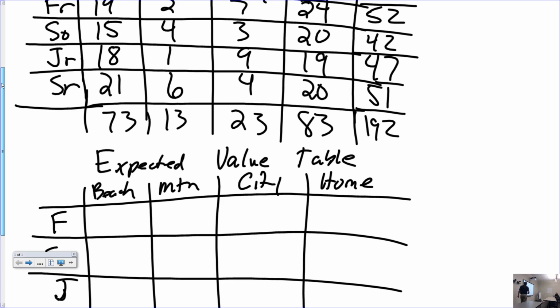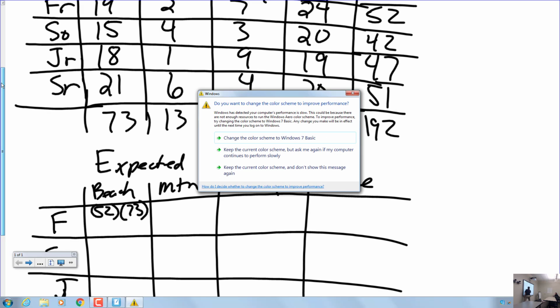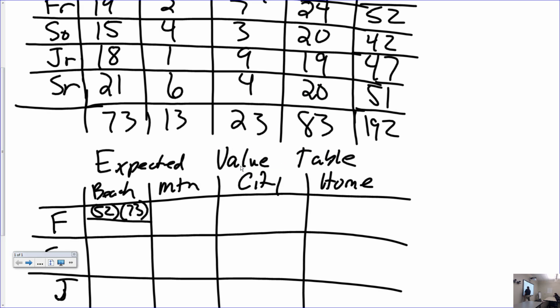You take the total number with that column's total number, and you divide it by the total of columns and rows. So 52 times 73 divided by 192.